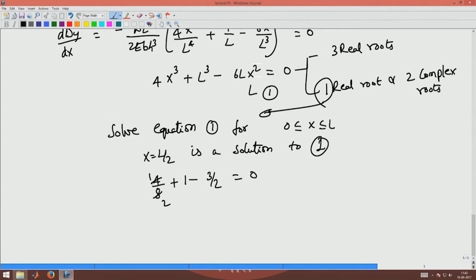We will use that. So, delta y max occurs at x equal to L by 2.